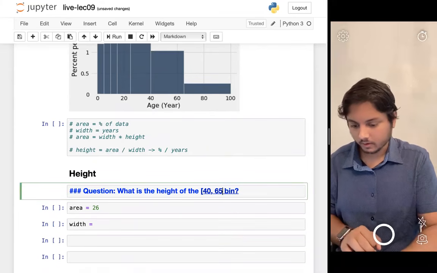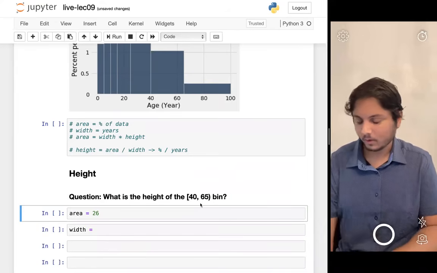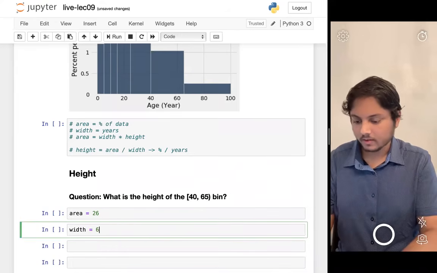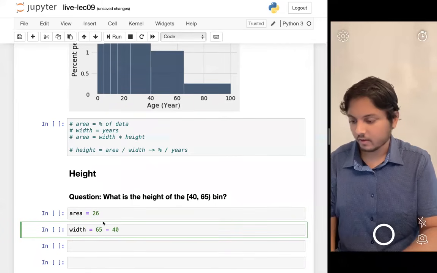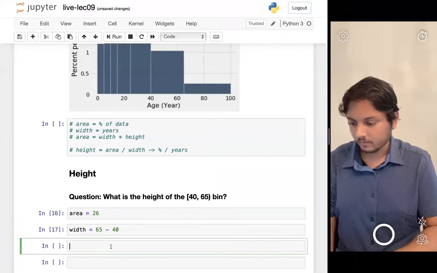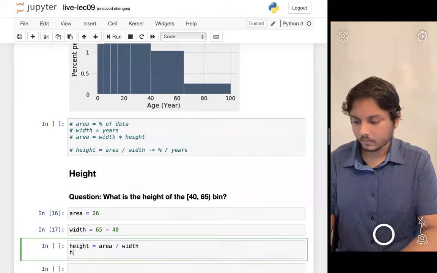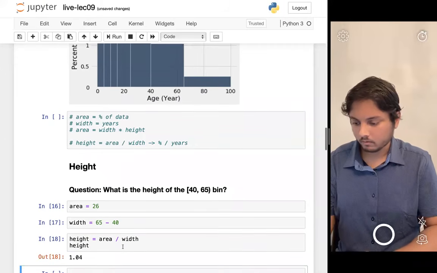Sorry, this should be a closed parenthesis or open parenthesis. The width should be 65 minus 40, which is 25. So we'll have both of these written out. And now if we want to know the height, we just do area divided by width, and we can show that value.